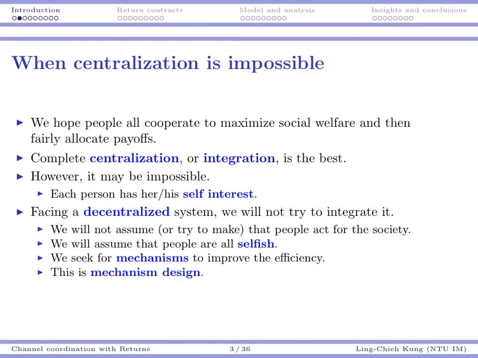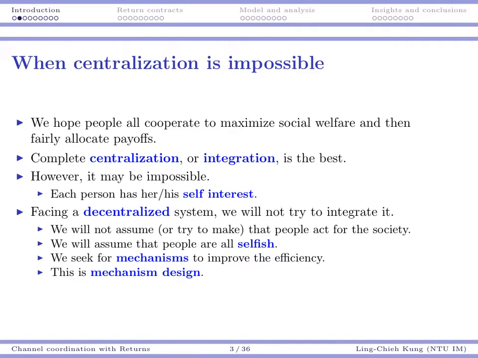So we know that there are decentralized systems, and centralization may be very good if we want to get efficiency. In some sense, if there is a decentralized system, the best thing we may do is complete centralization or complete integration.